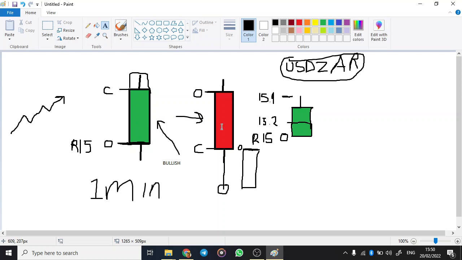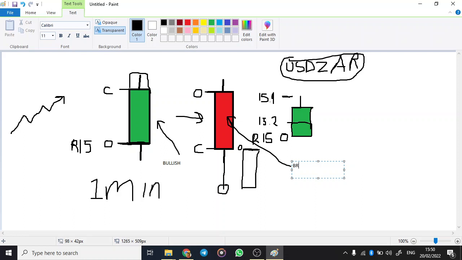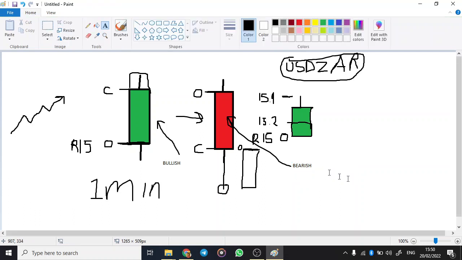For the red one, we say it is a bearish candlestick. This red candlestick is bearish, from bears, the animal bear.